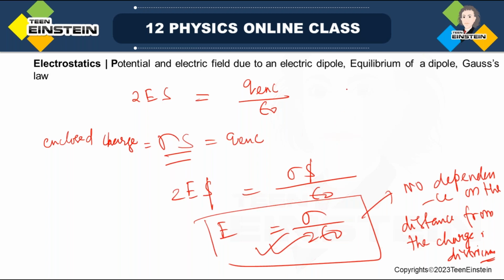Generally an infinite plane surface is not obtained; infinity is not realizable in the real world.